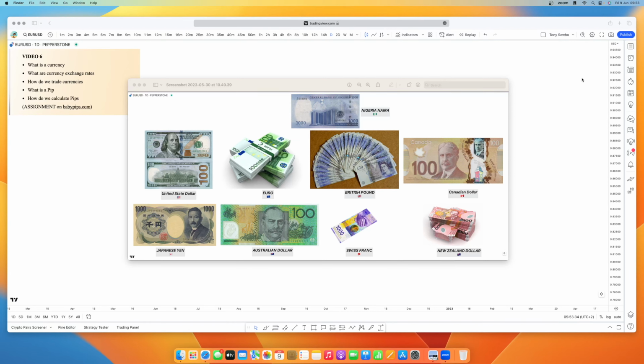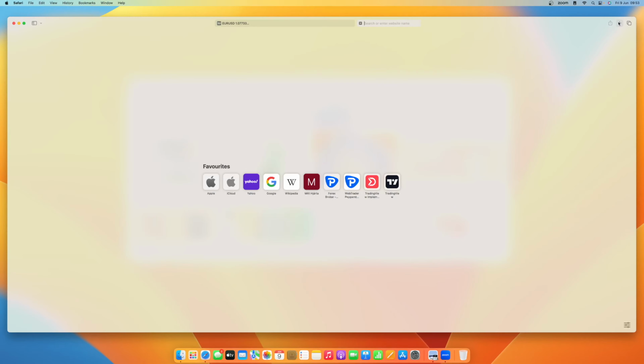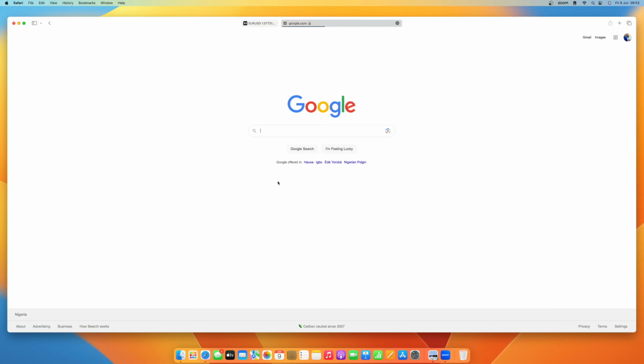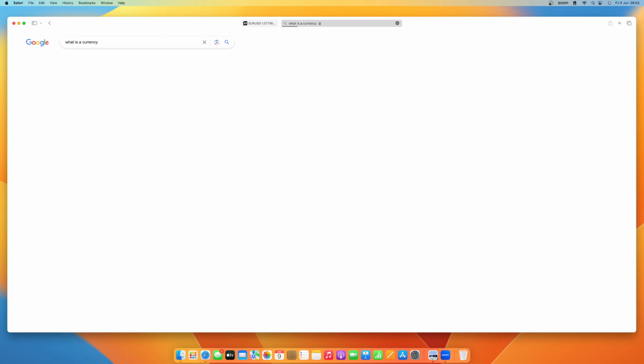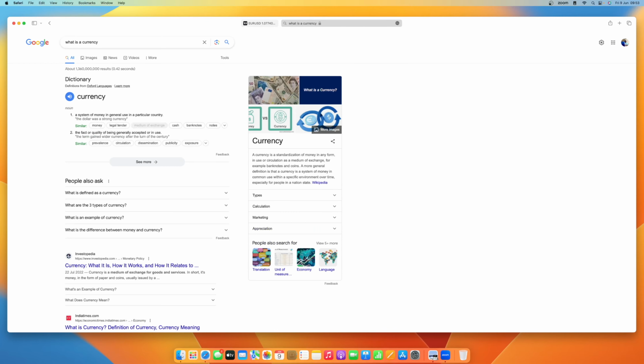So now, what is a currency? That's the first thing. Let's check Google and type what is a currency, and see the definition we get.